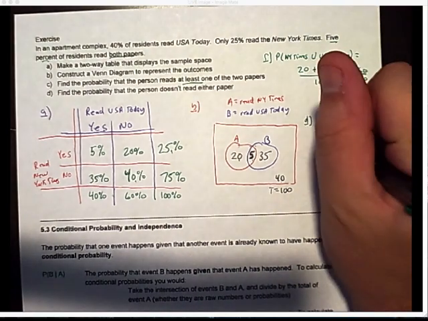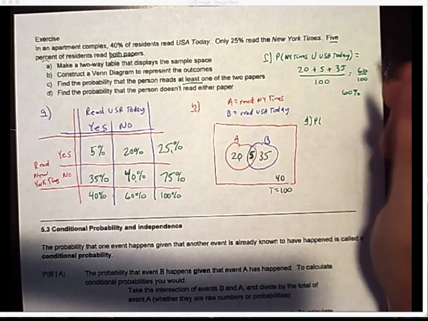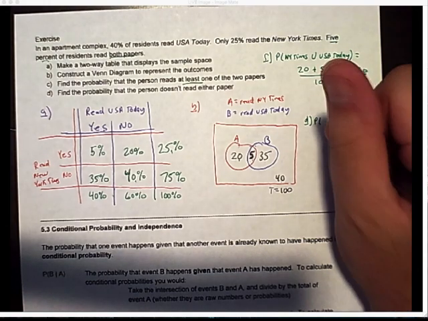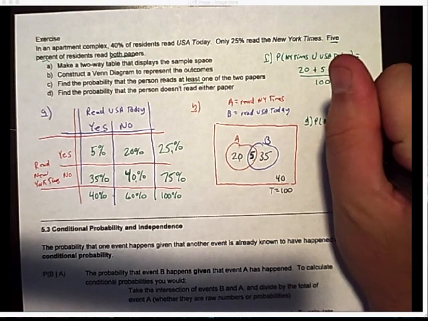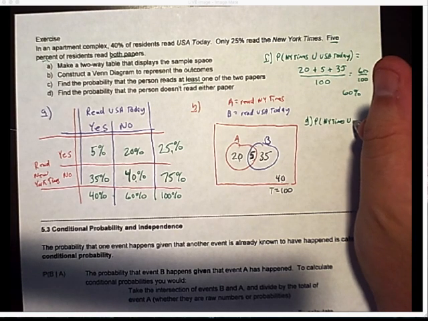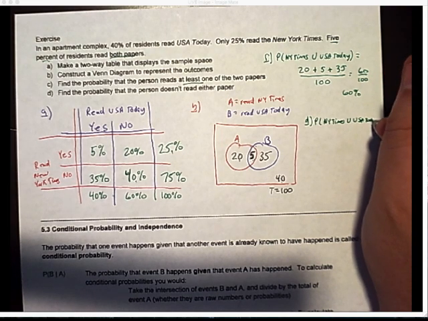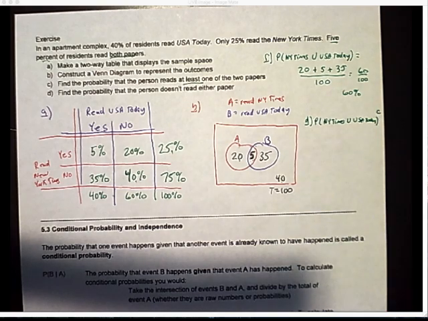Part D says find the probability that it's neither. Okay, so find the probability. What does that mean? Well, to be neither means that it's the opposite of an or statement. So it's the probability of New York Times or USA Today, complement.